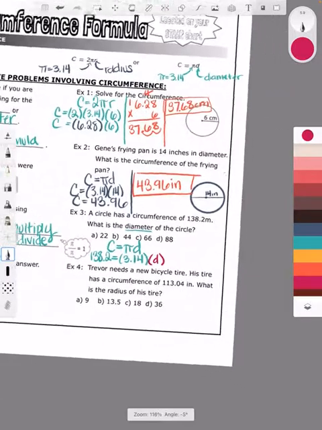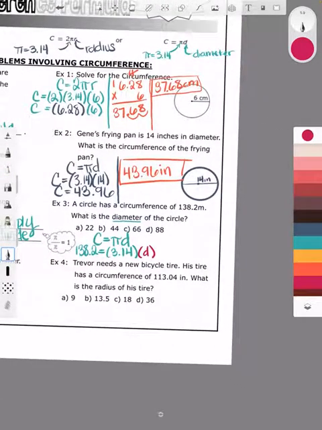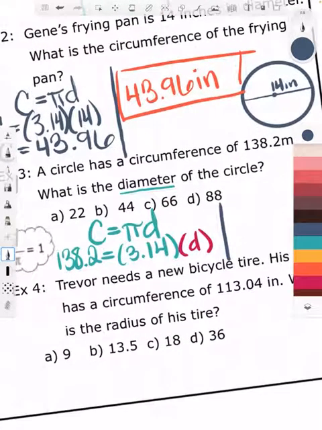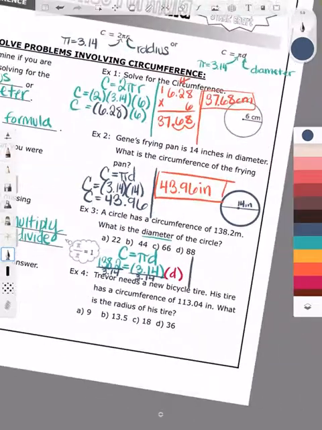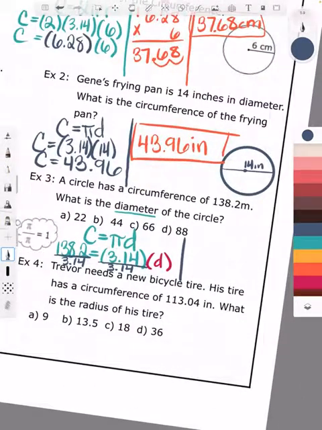So we're going to treat this like we're solving an equation. We want to get the diameter by itself, so we have to divide by 3.14 on both sides. Once we do that, we'll isolate our variable and have our diameter.